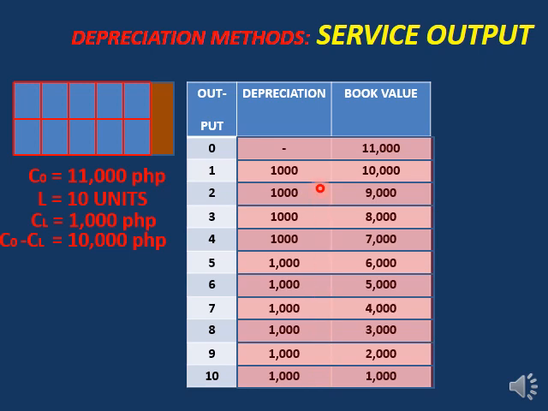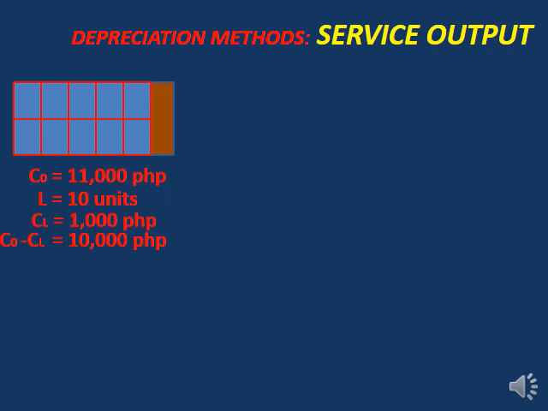The depreciation per unit is 1,000. Why 1,000? Because the total life of the machine or the service is 10,000 and it's capable of printing 10 units, meaning each unit is equivalent to 1,000 depreciation. So what's the formula? It is just the same.